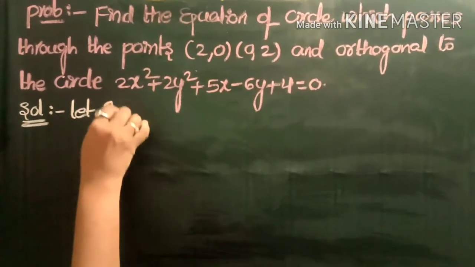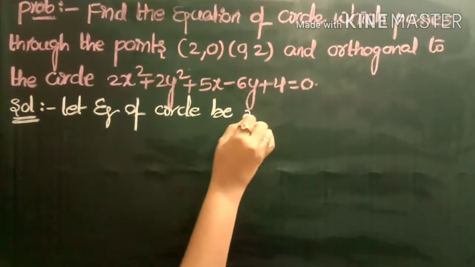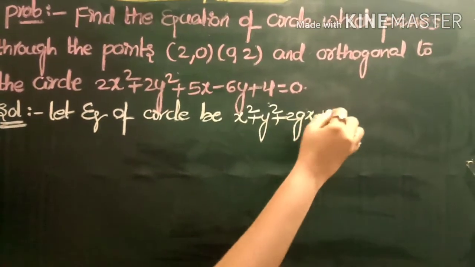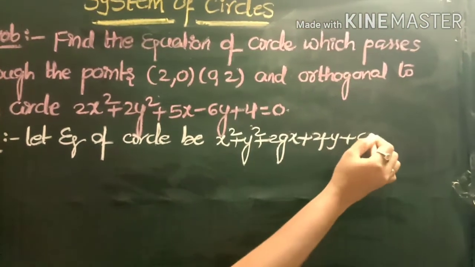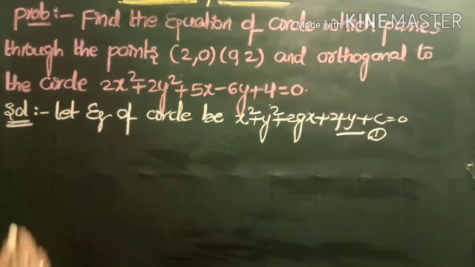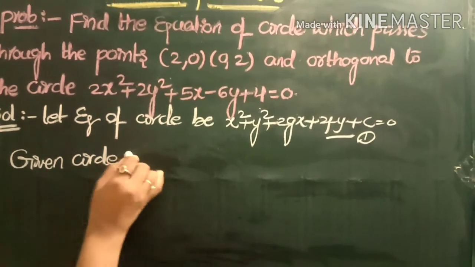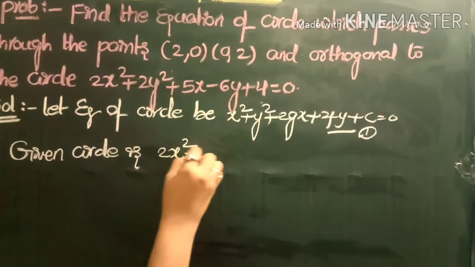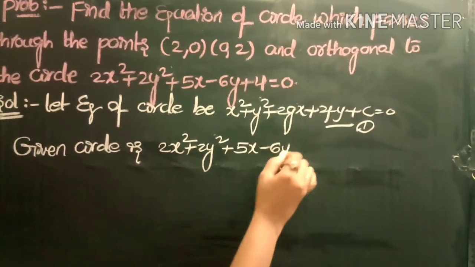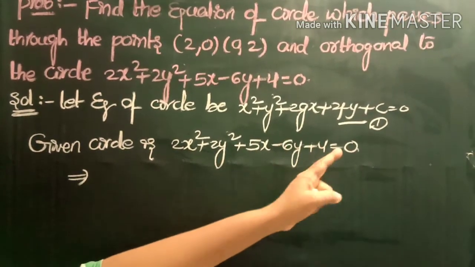So first we are taking the equation of the circle. Let the equation of the circle be x square plus y square plus 2gx plus 2fy plus c is equal to 0, equation 1. Now we are taking the given circle, 2x square plus 2y square plus 5x minus 6y plus 4 equals 0.